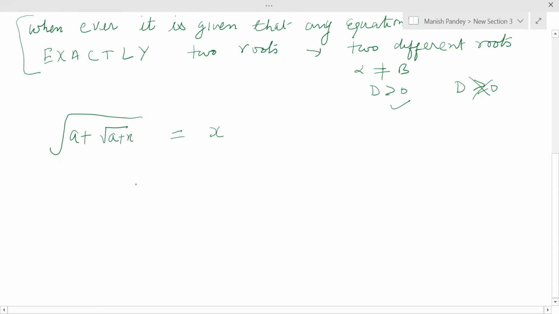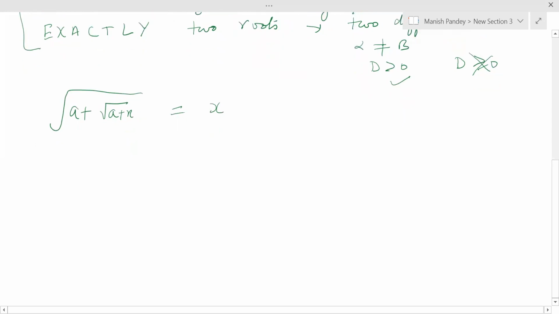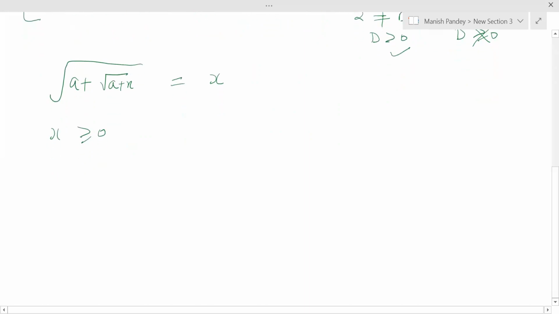The square root is always positive, but x can be negative or positive. So first we will take the condition x greater than or equal to 0. Remember this point, we can square only when both sides are positive.